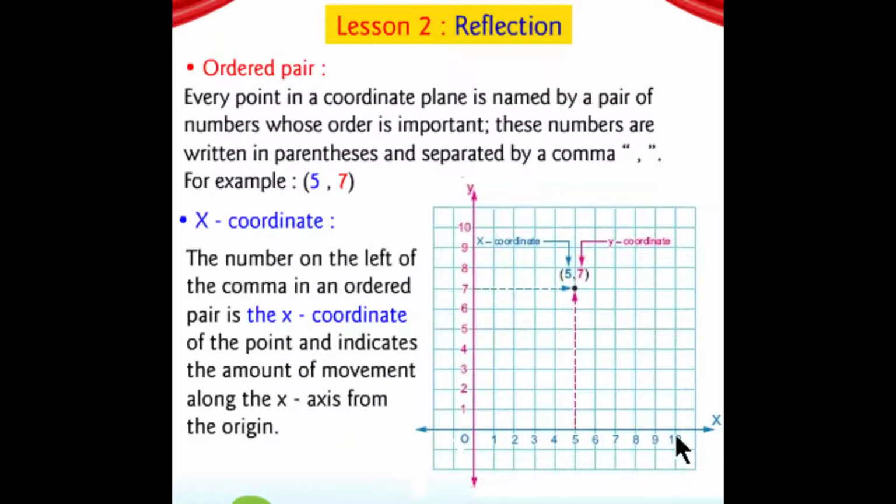The first number in the point is the x coordinate, 5, from the origin: 1, 2, 3, 4, 5.